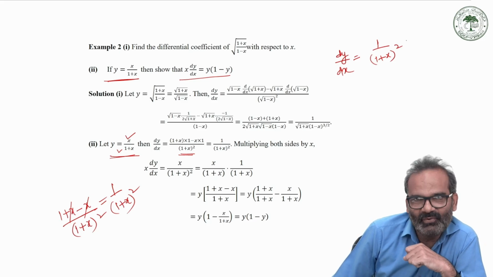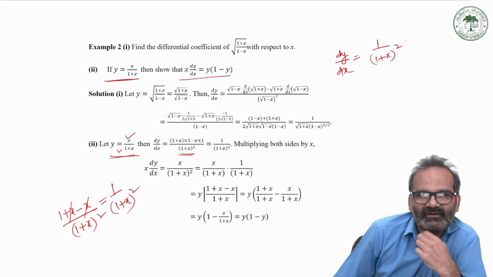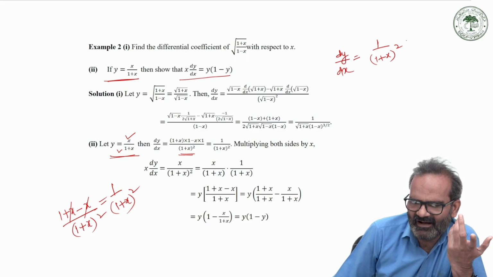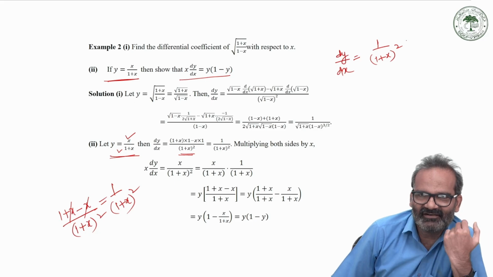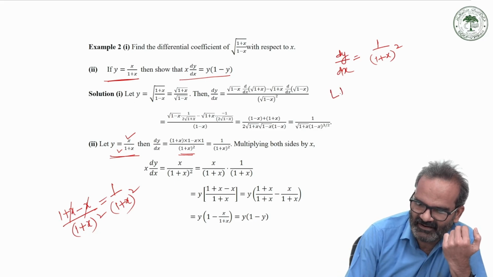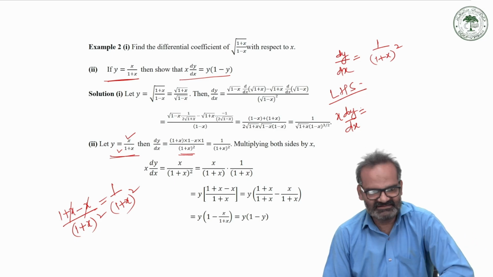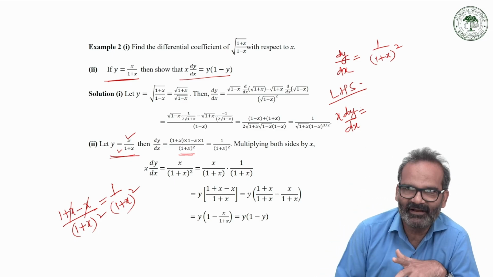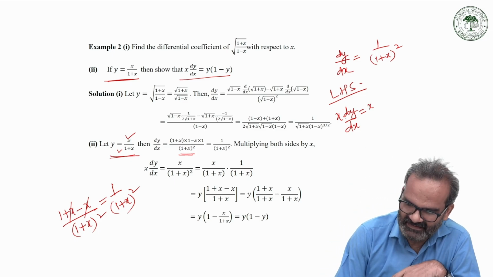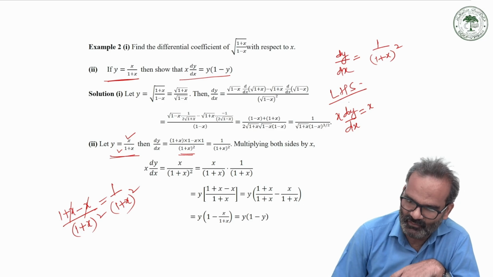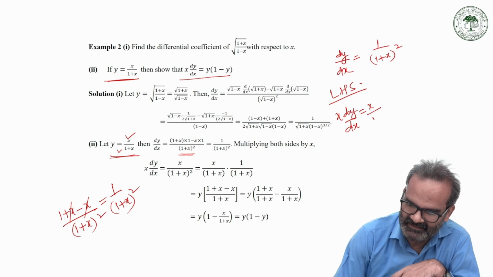What we want to show? We want to show that x dy over dx is equal to y into 1 minus y. So we should take our left hand side. What is our left hand side? The left hand side, see, x dy over dx. Substitute the values and then see what happens. x will remain as it is, and the value of dy over dx we just obtained, that is 1 upon (1 plus x) power 2.